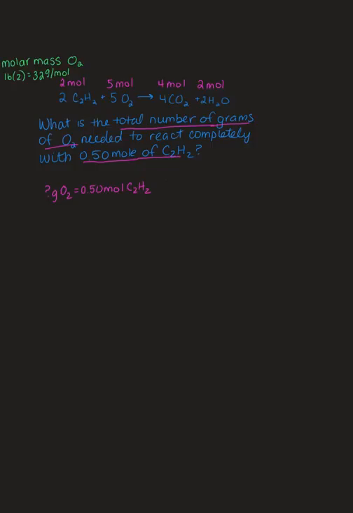So I'm looking for grams of O2, and I have moles of C2H2. Moles of C2H2 need to cancel, so I'm going to put them on the bottom. I'm going to use moles of C2H2 to give me moles of O2. Moles of C2H2 will cancel.